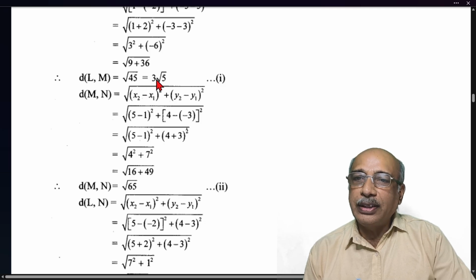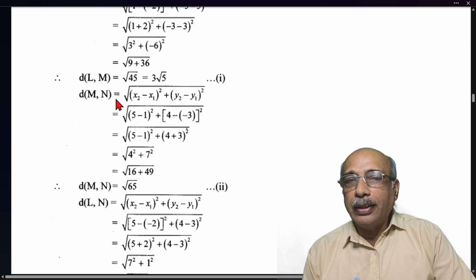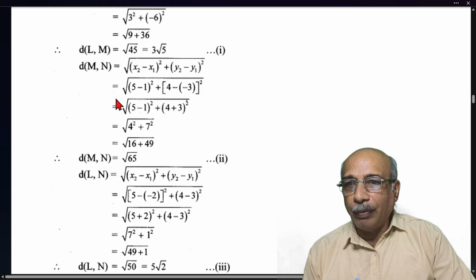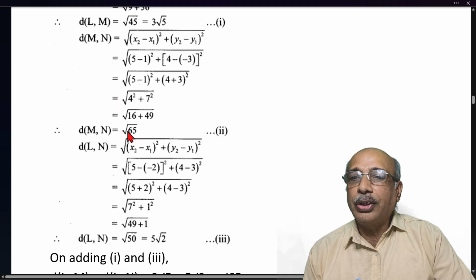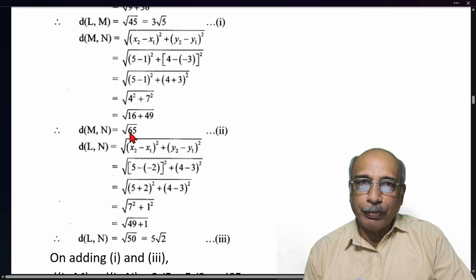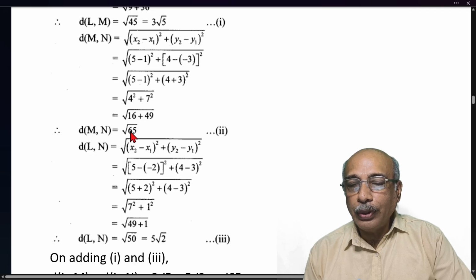So root of 9 is 3, so it will be 3 root 5. Distance MN: calculate the distance MN by the coordinates given for M and N. You will get distance MN equals root of 65. Now there are no factors such that we can take any term outside the root, so root 65 only we will keep here.